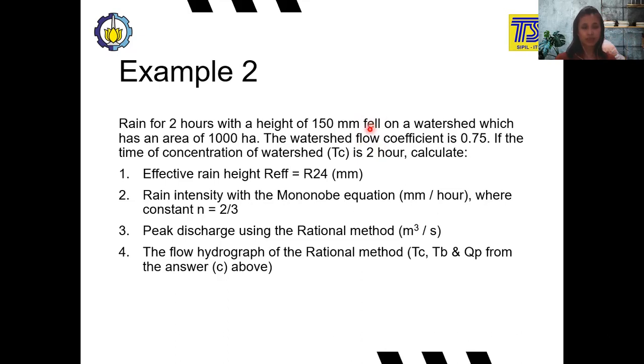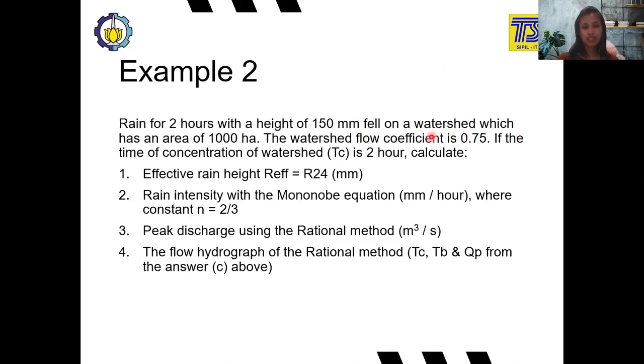So it depends on the shape of the watershed. It also depends maybe on the contour of the watershed. For example, if the upstream is far higher than the downstream, of course the flow will be faster than the area that has a small slope or small differences in the elevation. So it can also have effect to the time of concentration.